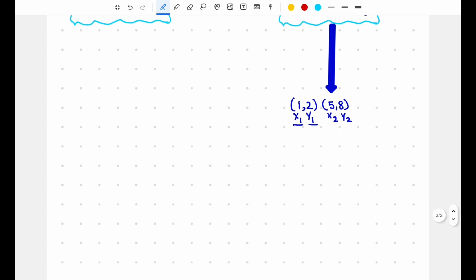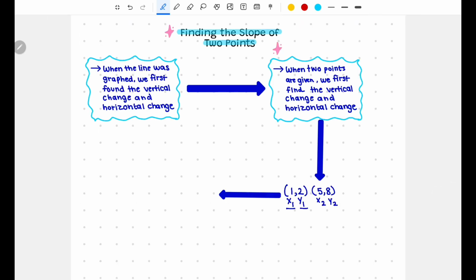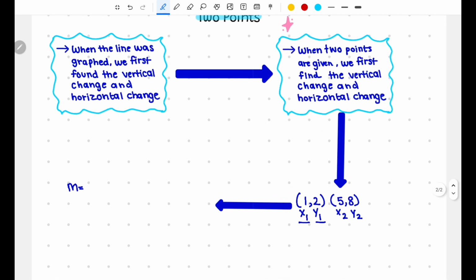All right, now we have a nice little equation here that will actually help us from this point. So our equation, m is equal to y2 minus y1 over x2 minus x1.